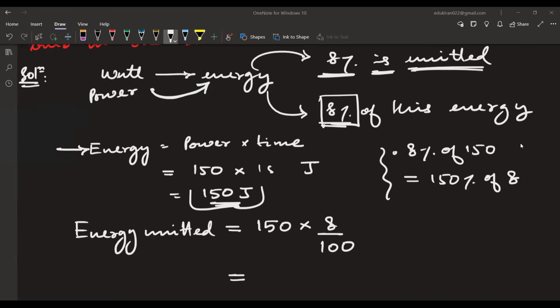Do the math and check. In both cases, you are multiplying 8 into 150 divided by 100. Yes or no, Aisha, Fahad? Can you see that happening? Yes, sir. Okay, fine.